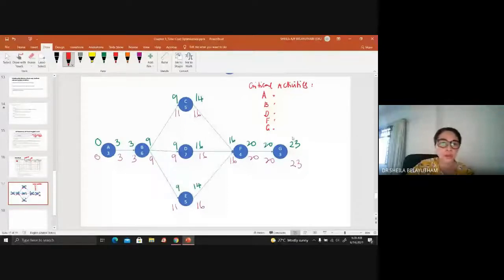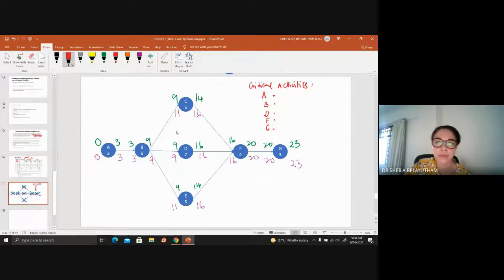So 23 weeks is the duration that you got from normal. However, let's say the client asks whether it is possible to reduce the duration and see how much it would impact in terms of cost. So from 23 you are trying to reduce to 22, 21, 20, 19, and see how it reflects on the cost. So for us to cut this duration, the activities which could actually be reduced will be critical activities.